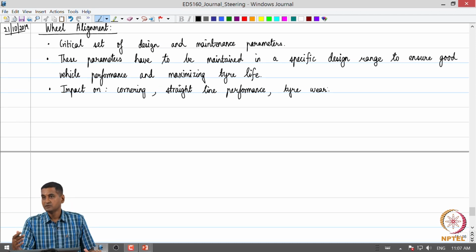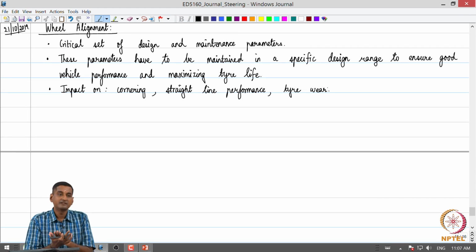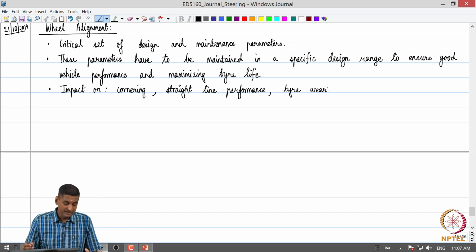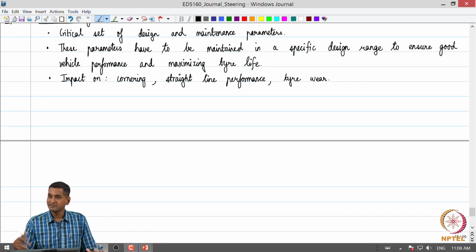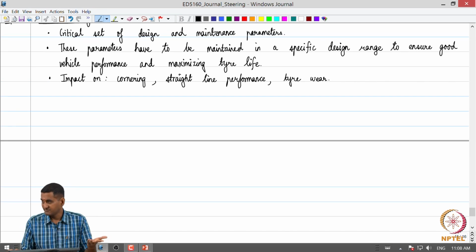The tire is an important element in an automobile because all the forces that act on the vehicle to brake, to drive the vehicle, to steer the vehicle, are transmitted through the tire road interface. So the tire becomes very important, and if the wheel alignment is not proper, then we are going to have consequences as far as rapid tire wear is concerned.